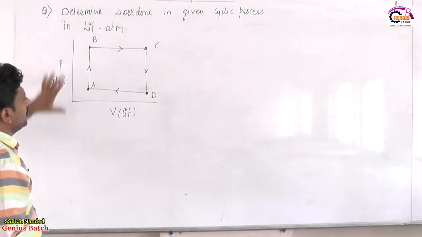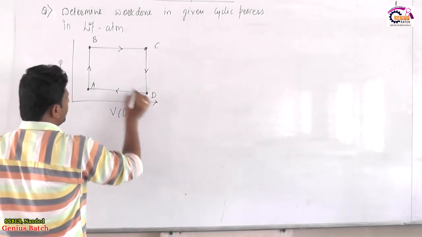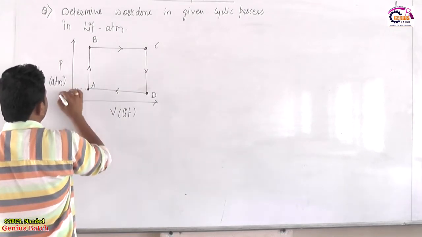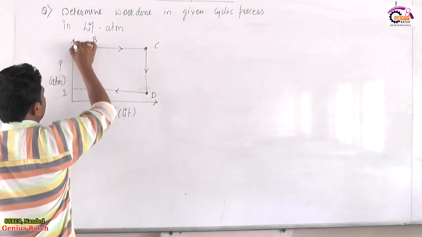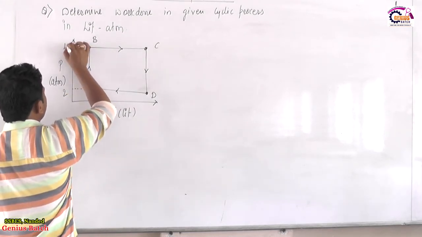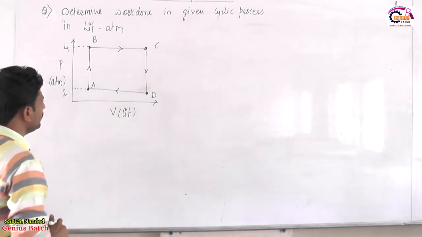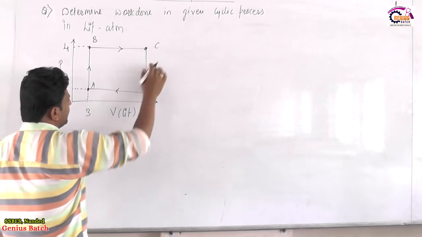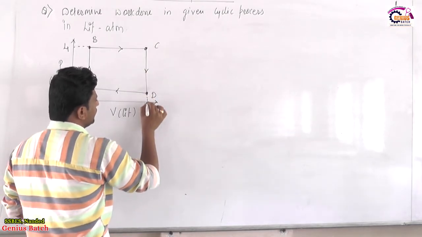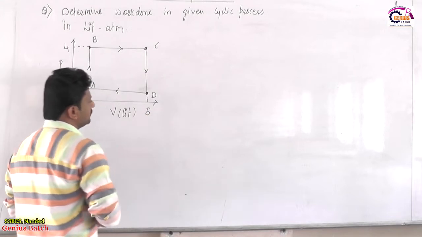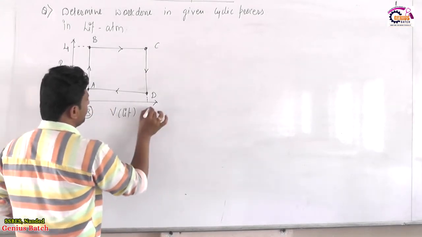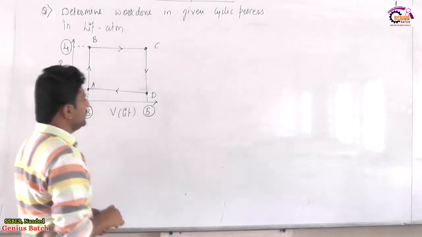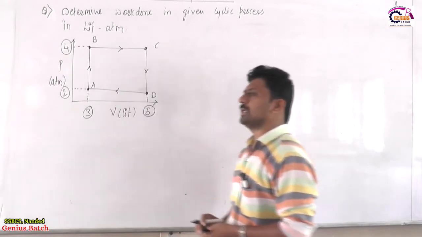The pressure is on the vertical coordinate and volume is plotted on the horizontal coordinate. The pressure corresponding to point A is 2 atmosphere and at point B it is 4 atmosphere. Volume corresponding to point A is 3 liter and that at D is 5 liter. So 3, 5, 2 and 4 are the magnitudes of pressure and volume.